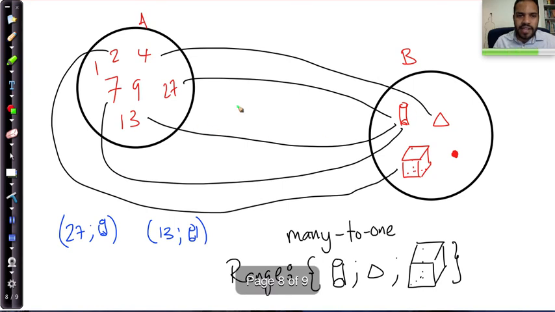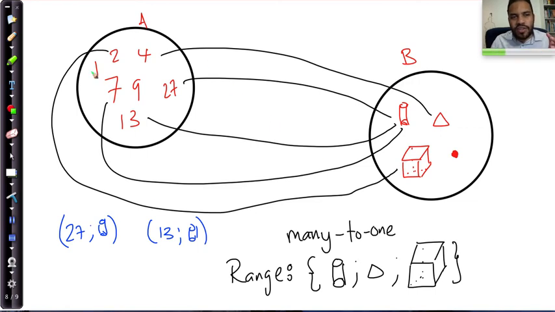And then finally in this case over here, if we look at the elements, does 4 go to exactly one element? Yes. Does 27 go to exactly one element? Yes. Does 13 go to exactly one element? Yes. What about 7? Yes, it also only goes to a single element. And what about 2? 2 goes to one element.